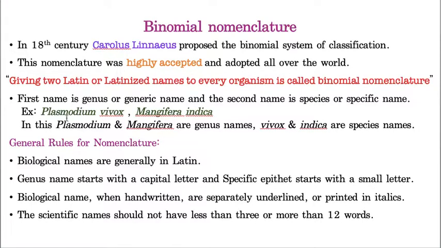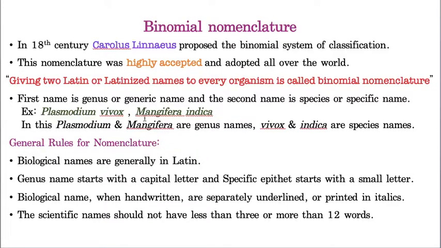The first is called the genus name, and the second is called the species name, where the genus name must start with a capital letter, whereas the species name must start with a small letter. You can clearly observe Plasmodium vivax. In this, I started P with a capital, whereas V, the first letter of the species name, I wrote with a small letter. Now let us take the second example also. Mangifera is a genus name.